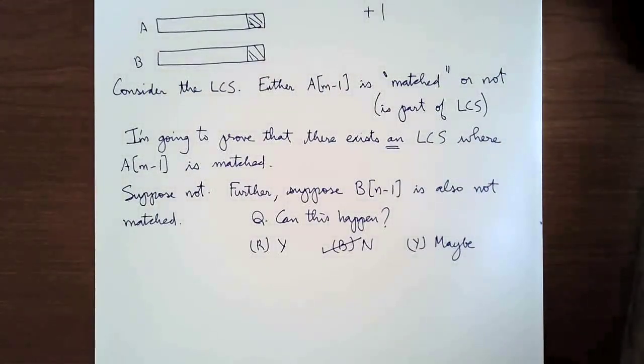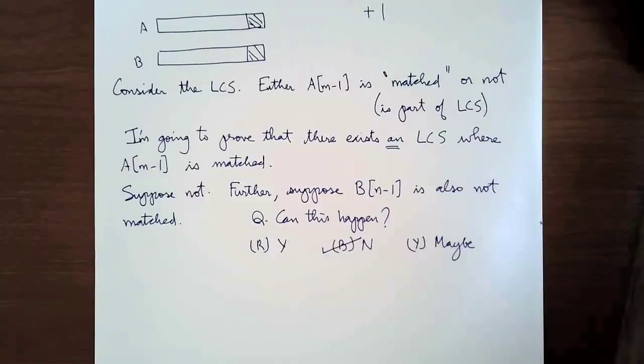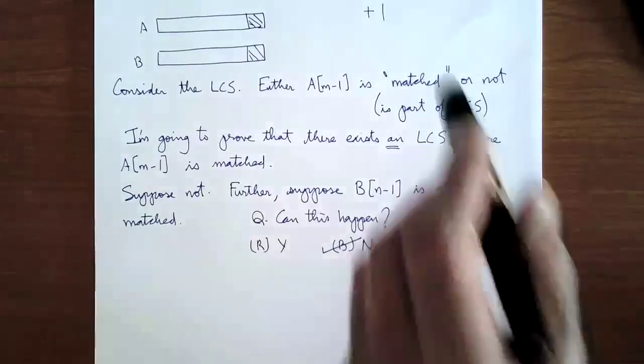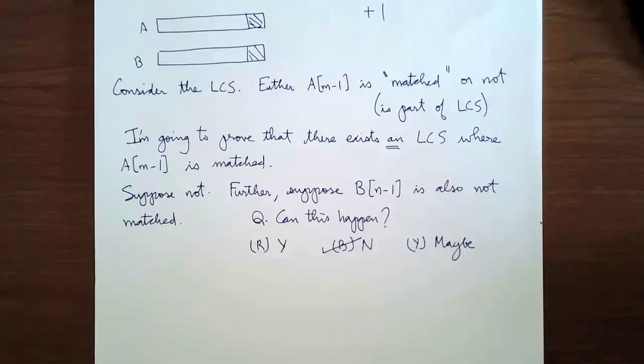Yes, any guesses? I maybe have a clarifying question about what the thing is asking for. Sure. So you're asking if there is a case where neither A m minus 1 nor B n minus 1 get matched, like both of them aren't matched, in a longest common subsequence.